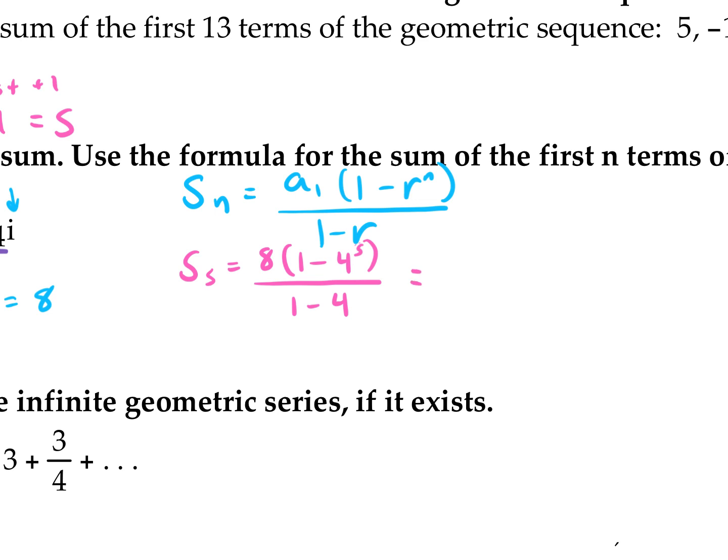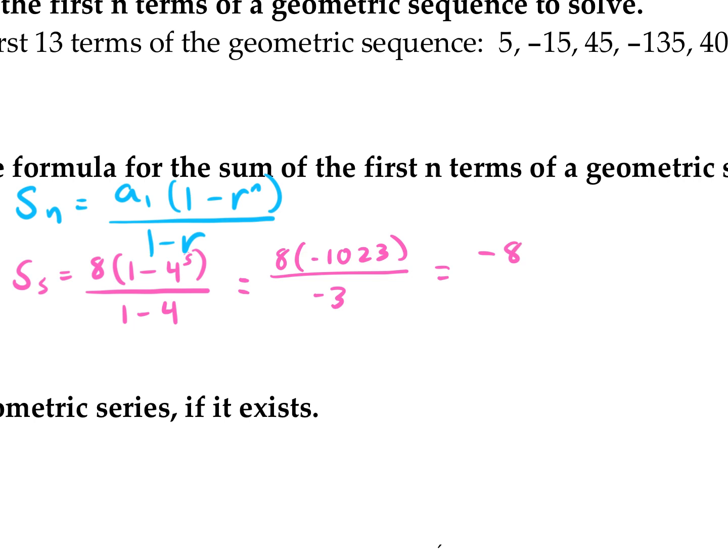I'm going to start with the top and do the exponent first. So I have 4 to the 5th power, which would be 1024. And then 1 minus that would be negative 1023 times 8.